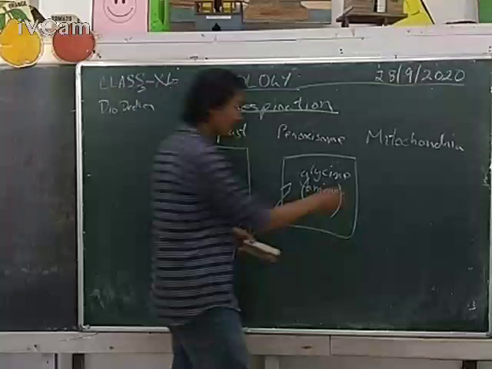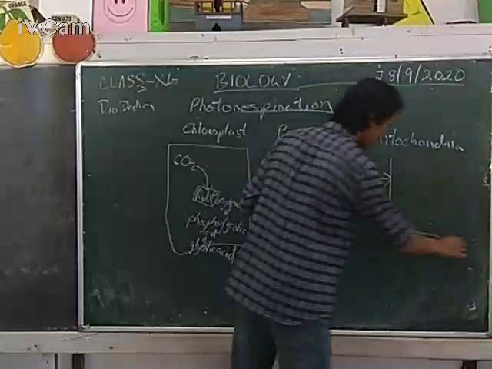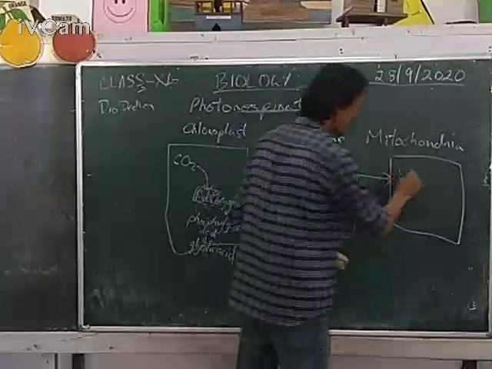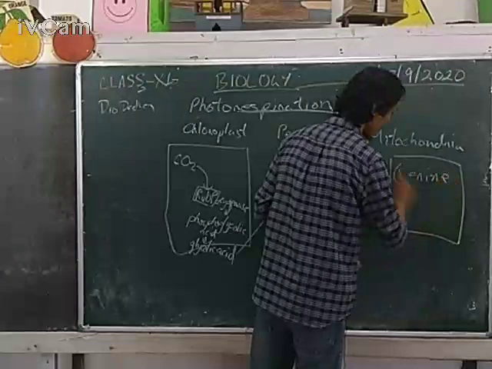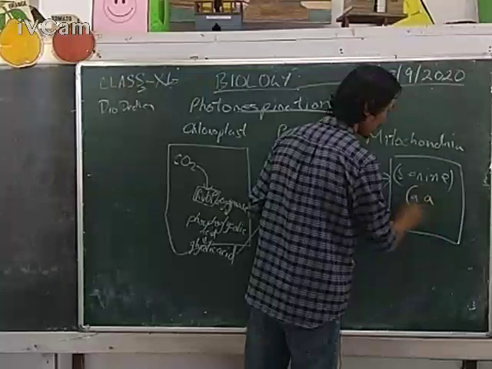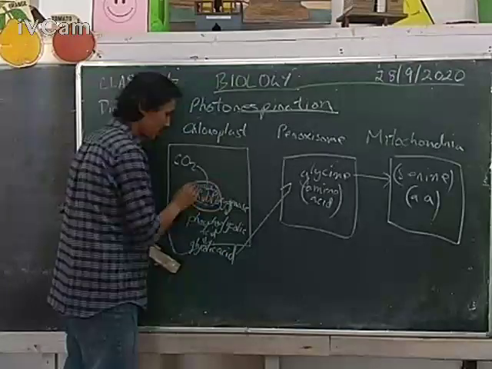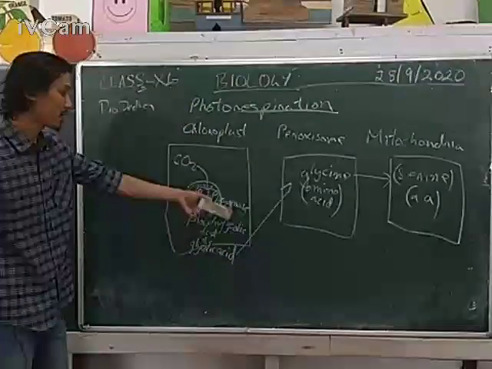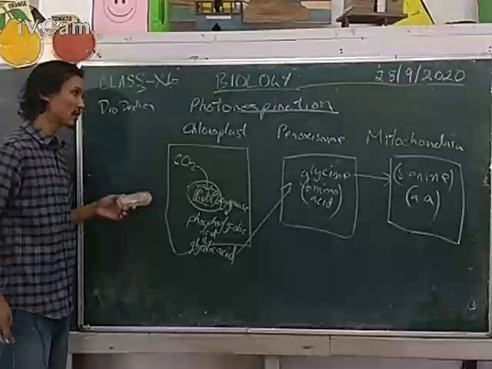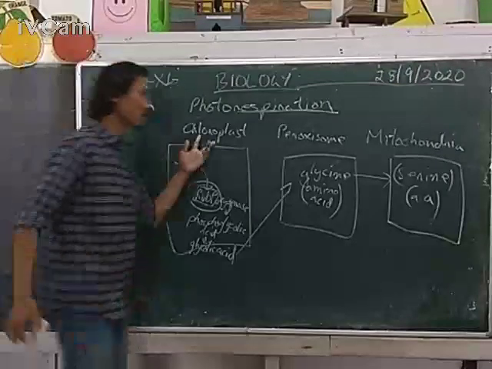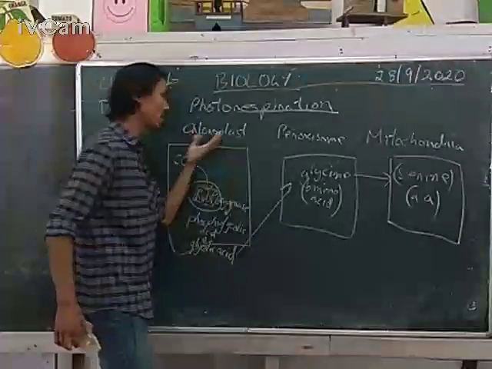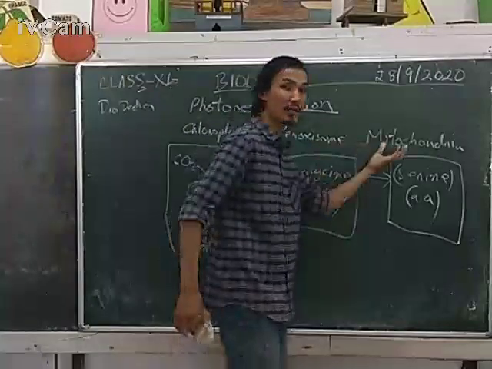This glycine can also further enter the mitochondria, in which it is converted into serine. Serine is also an amino acid. So in photorespiration, remember RuBP functions as an oxygenase because oxygen concentration is increasing, and basically three organelles are involved: chloroplast, peroxisome, and mitochondria.